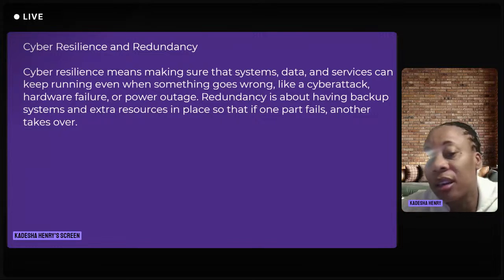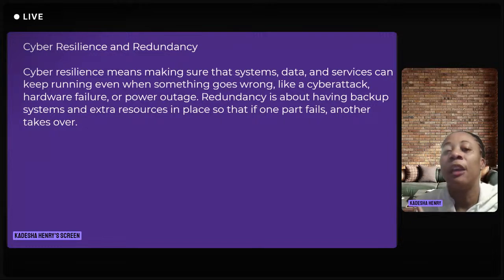So let's take it in the context of your home. If you have a house and there is a power outage, what do you have as a backup just in case the light turns off? You have candles, right? Some people have lamps. Some people have flashlights. Those are backups that you have just in case there's a power outage.